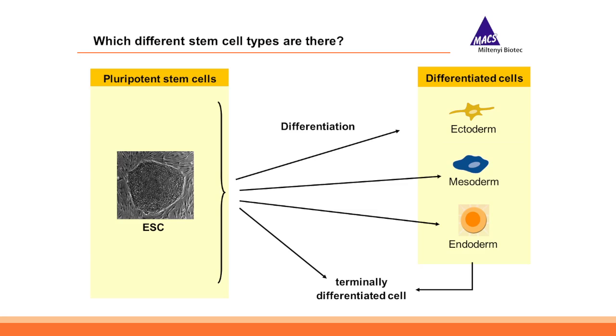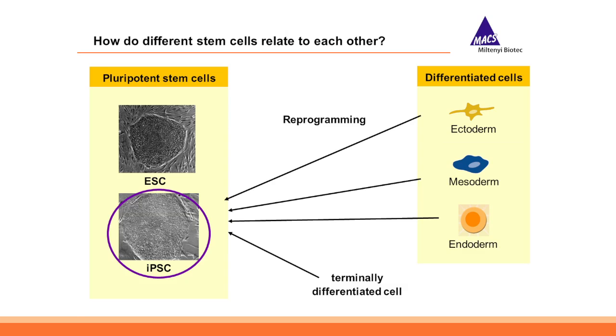Here we have the pluripotent stem cells, embryonal stem cells abbreviated by ESC, and they can form these three germ layers of the body: the ectoderm, which consists of cells like skin and brain, the mesoderm, which can form bone and blood, for example, and the endoderm, which forms pancreatic cells and lung cells. This process from the ES cells to the differentiated cells is called differentiation.